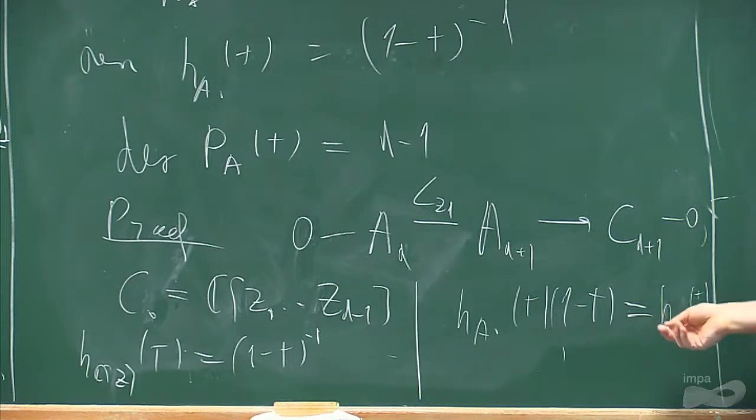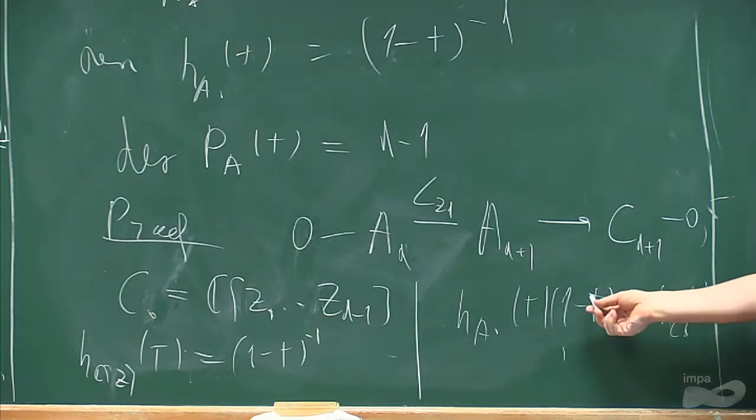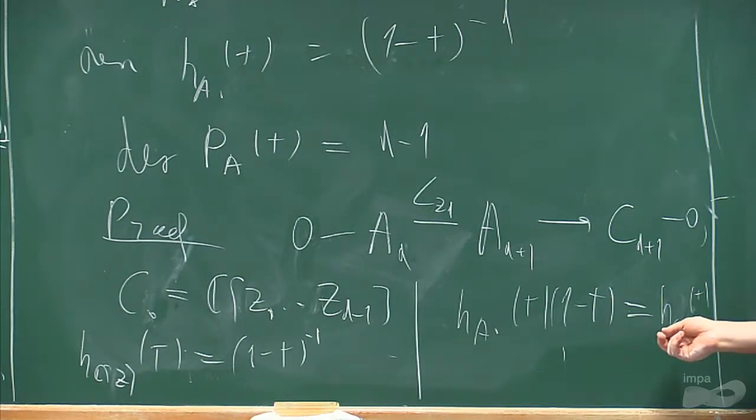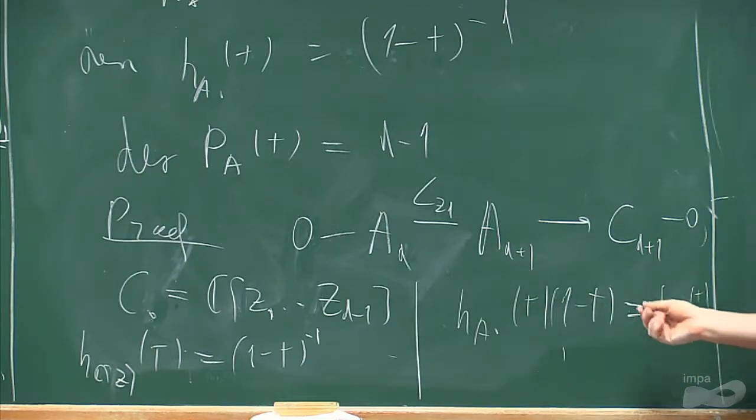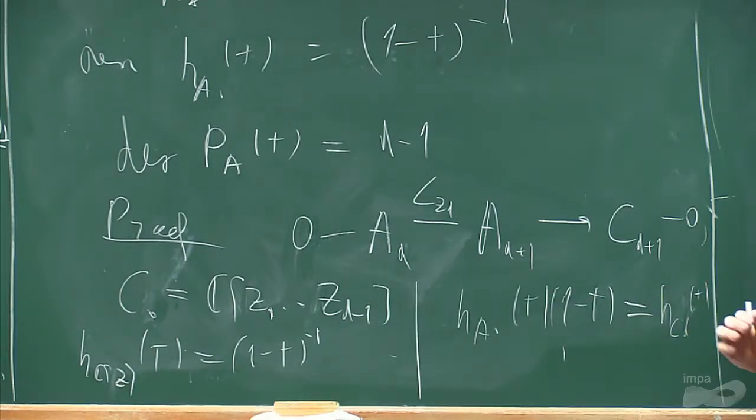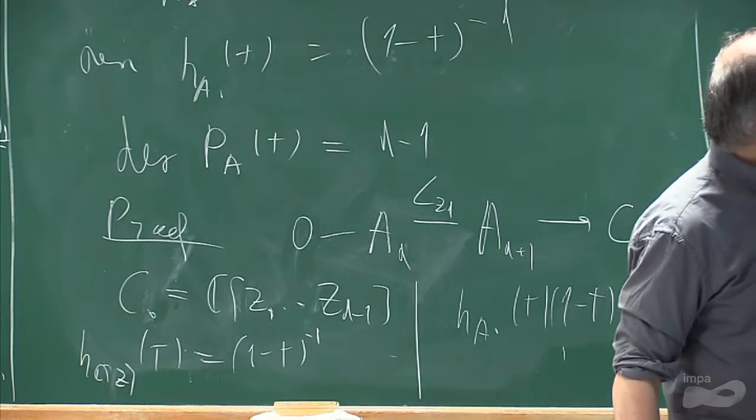This is by induction already 1 over (1 minus t) to the power d minus 1. So this is 1 over (1 minus t) to the power d. Am I clear? Okay.